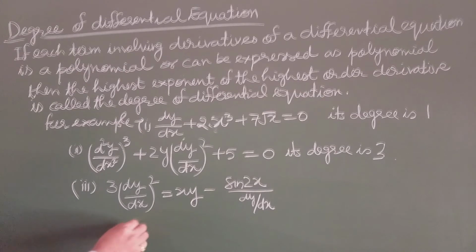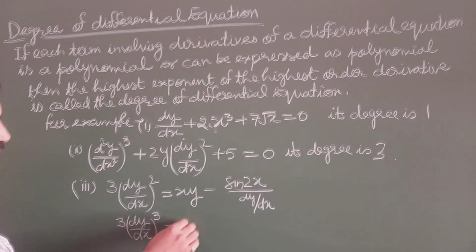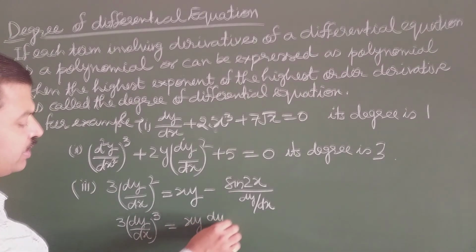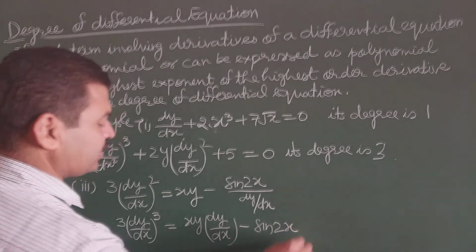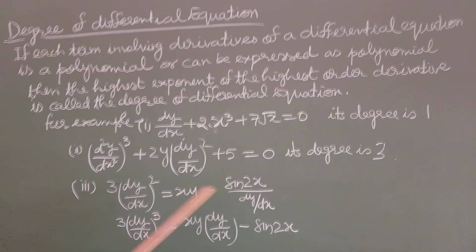So let us take the example here. 3 dy upon dx whole square. So when we take LCM and cross multiplication, then it will become cube equals to xy dy by dx minus sine 2x. So this can be written as 3 dy by dx whole cube equal to xy dy by dx minus sine 2x.